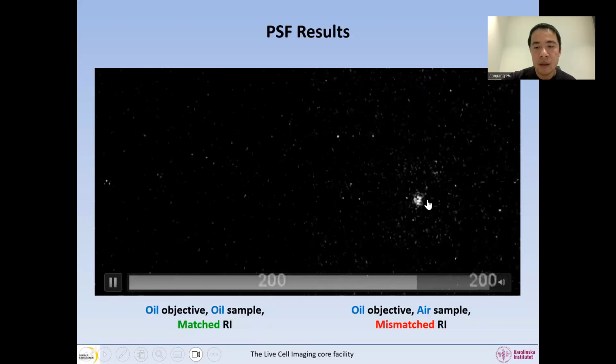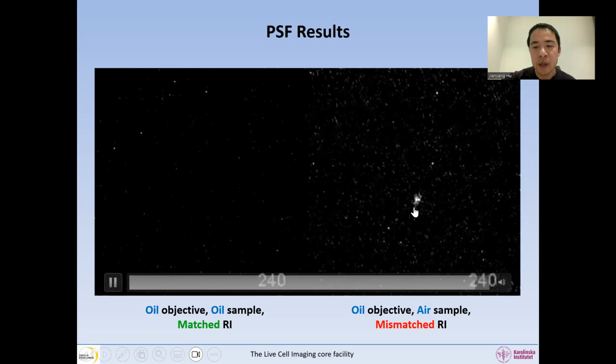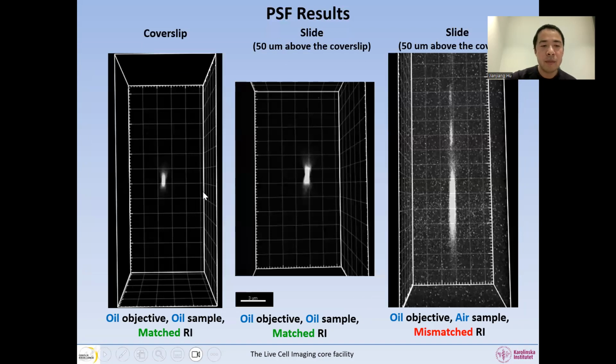And actually, it lasts almost until the very end of our Z scan steps, which means that if we look at the 3D reconstruction, you can see in that direction it's very, very elongated because we have the mismatched refractive index.